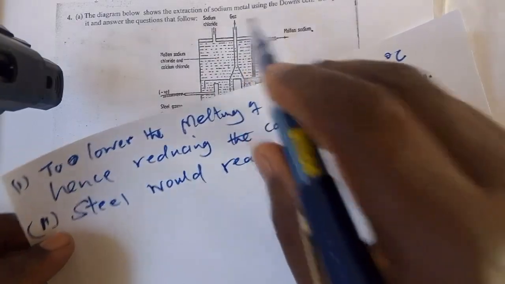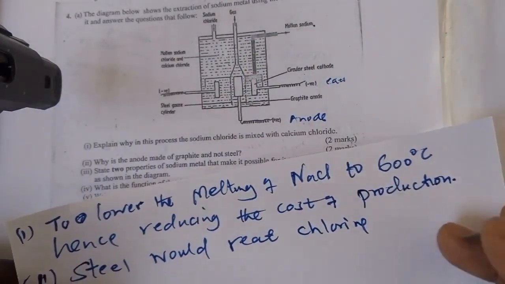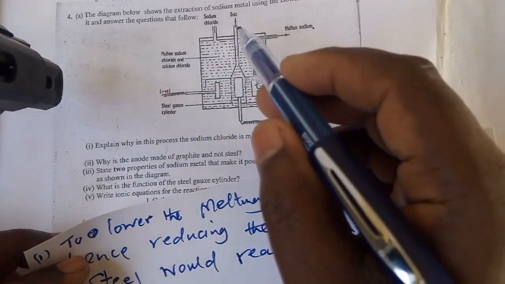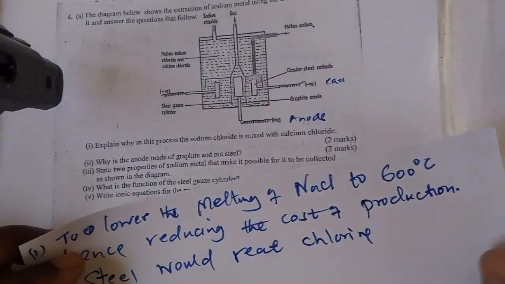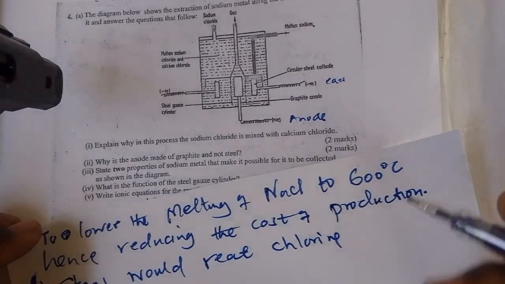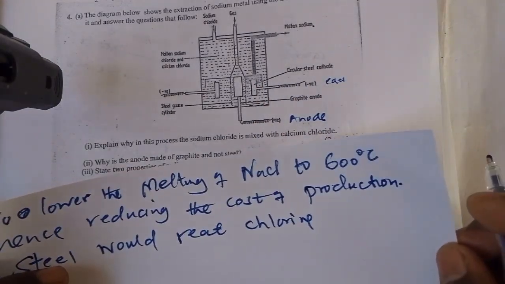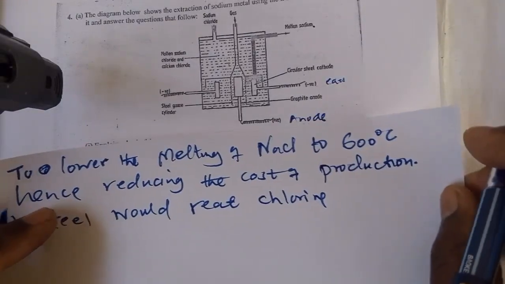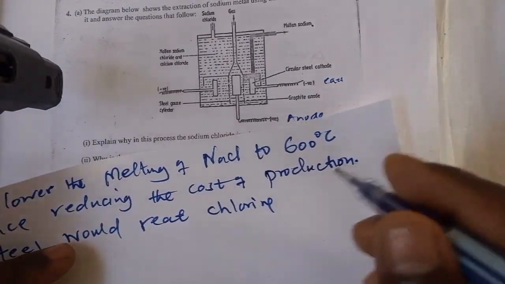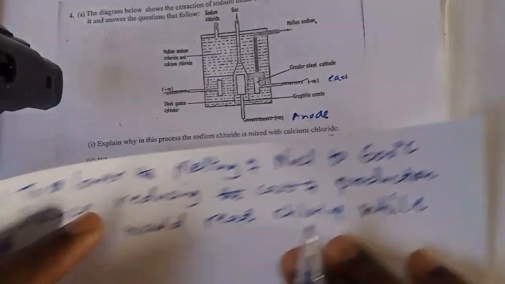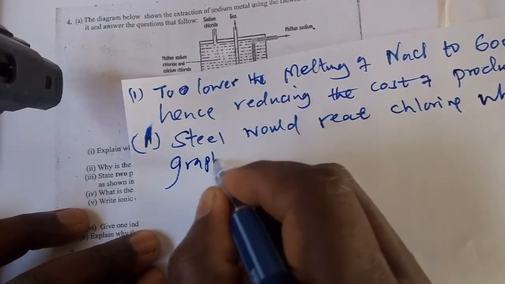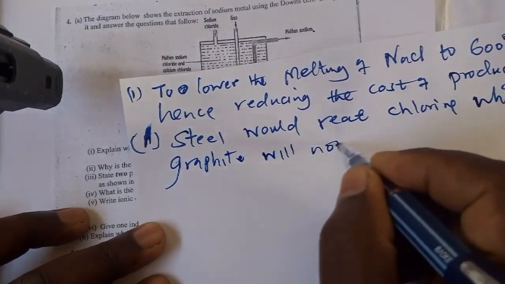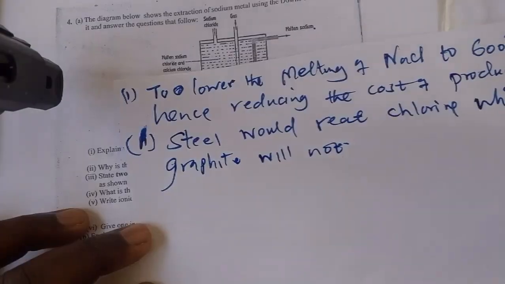So if they used steel, which is made of iron, that steel will react with this chlorine gas produced, forming iron 3, and that's not what we want. That will corrode the anode. Therefore, steel will react with chlorine, while graphite will not.